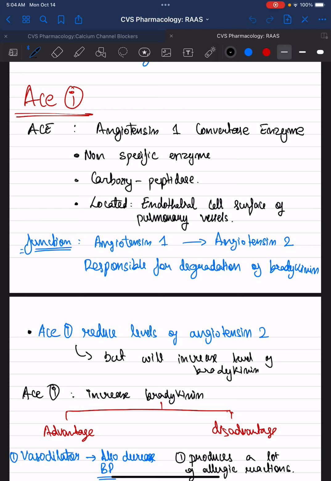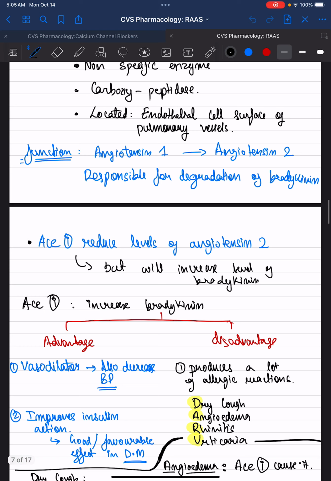The ACE enzyme's name is angiotensin 1 convertase enzyme. It is a non-specific enzyme. The enzyme is a carboxypeptidase, and it is located on the endothelial cell surface of the pulmonary vessels. As we know, the function of the ACE enzyme is to convert angiotensin 1 to angiotensin 2.